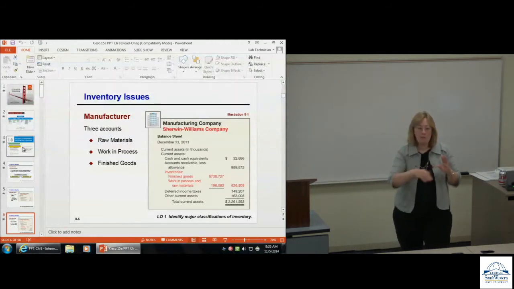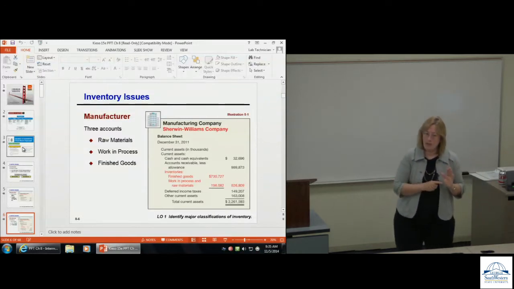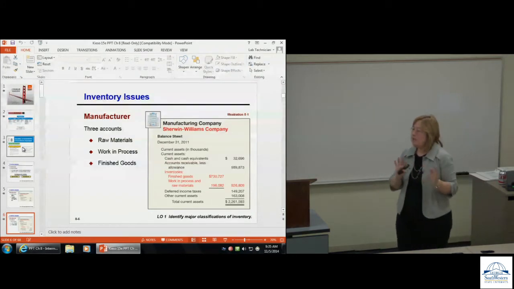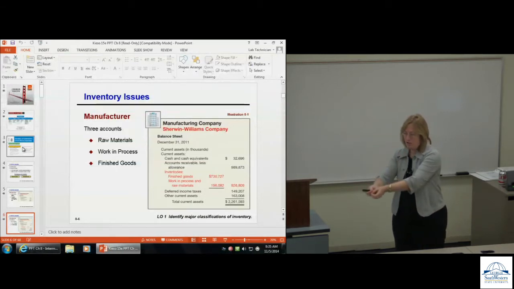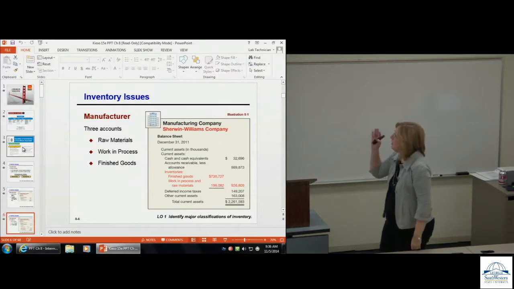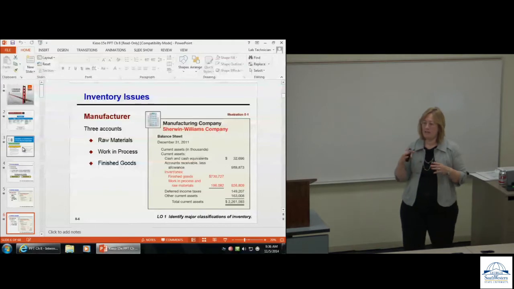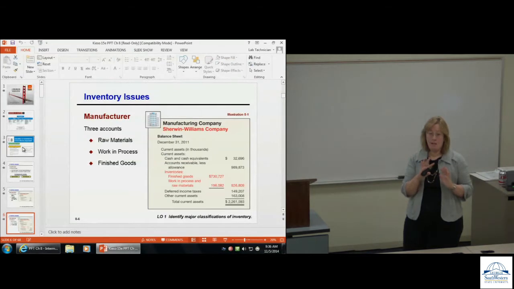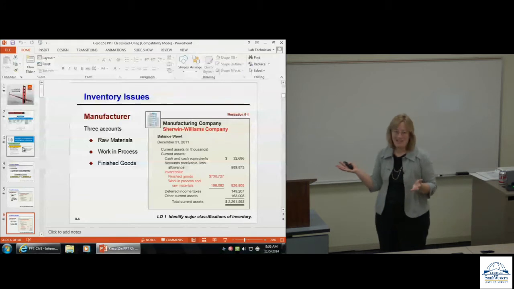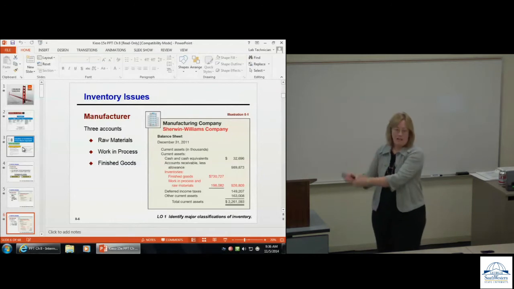So all the raw materials used to make paint go in an account called raw materials, and then when they start actually making the paint, all the stuff they pull out of raw materials goes into work in process. So there's another inventory account called work in process. Then all the time they're making the paint, it stays in work in process until the paint is finished, which I wouldn't imagine takes too long to make paint, would you think? When that process is finished, it goes into finished goods, and it sits right there.